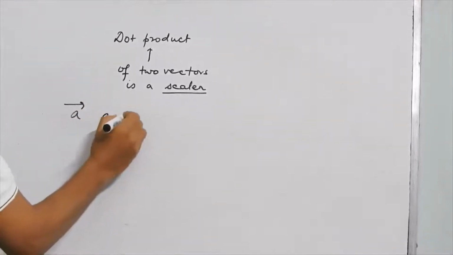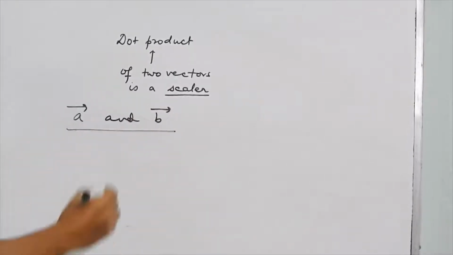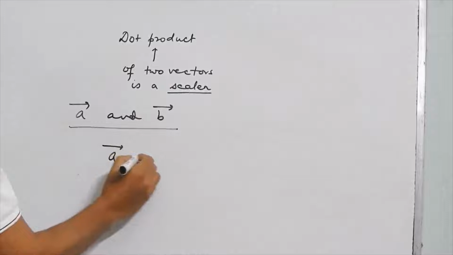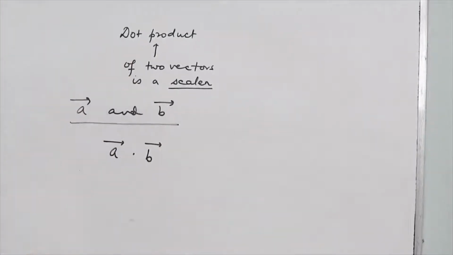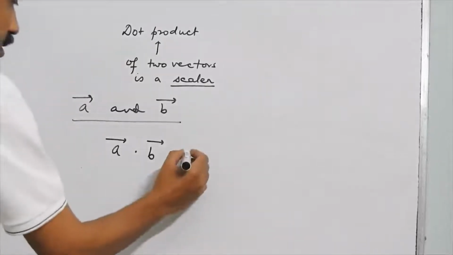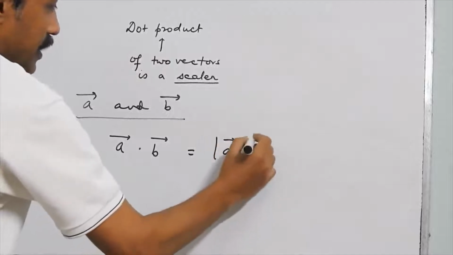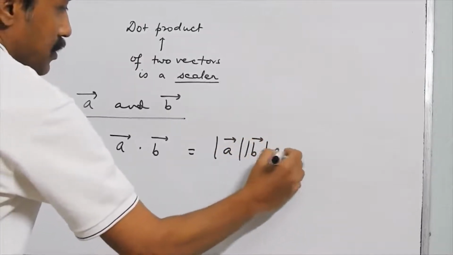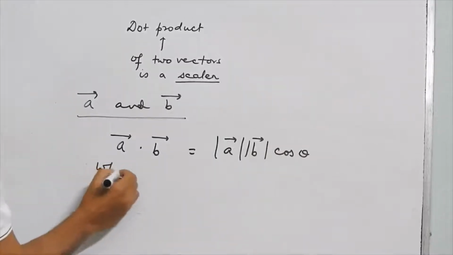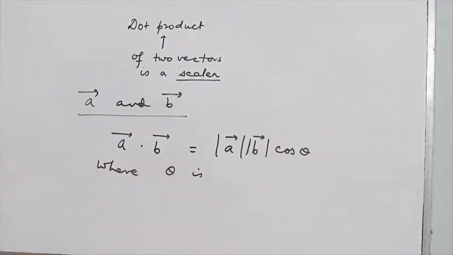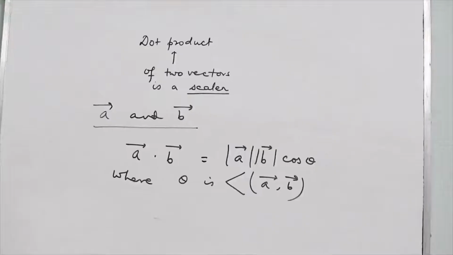Their dot product will be denoted as a vector dot b vector, and it is defined as the product of the magnitudes of these vectors into the cosine of the angle theta between them, where theta is the angle between a vector and b vector.